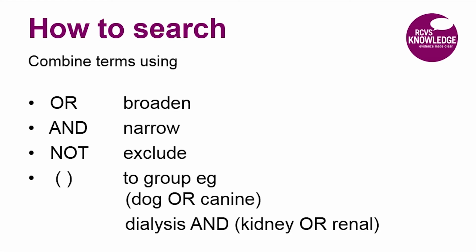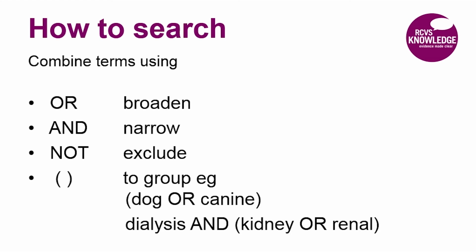You combine things with OR, which will broaden the search, so cat OR dog will give you articles that are either about a cat or a dog. Cat AND dog, they'll have to have both terms within, so that narrows it down. And then you can use NOT if you specifically want to exclude something.